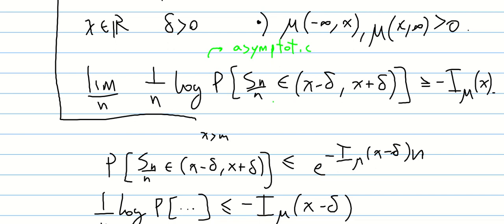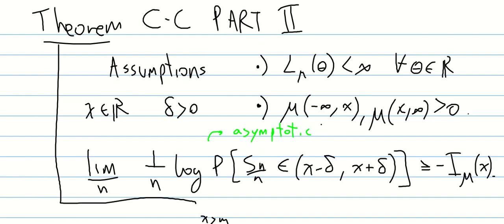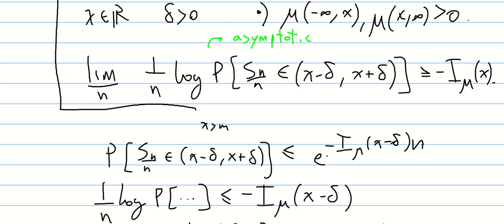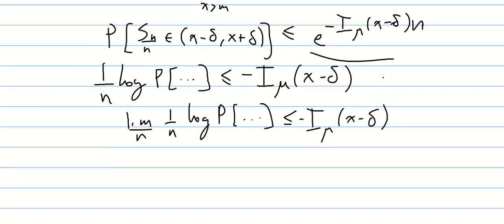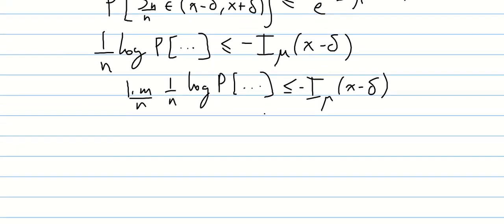So this is not for fixed n and fixed delta. You're given a delta, and for n large enough you know something, but you don't know how large. You have to take n to infinity to have the lower bound. But on the bright side, this gives us no hope to improve what we already had in the first part of Chernoff.